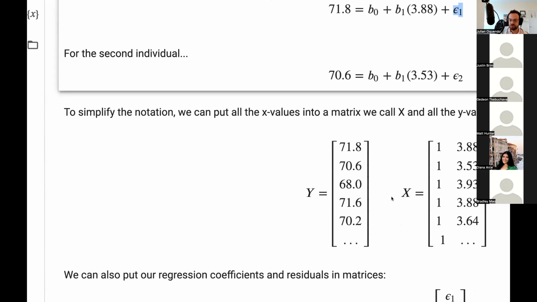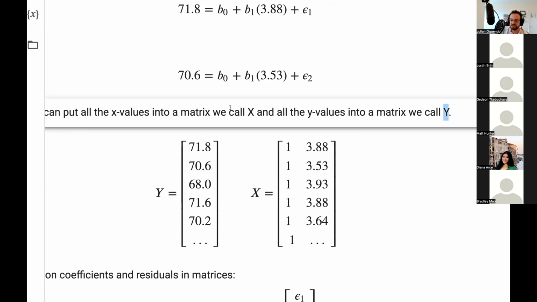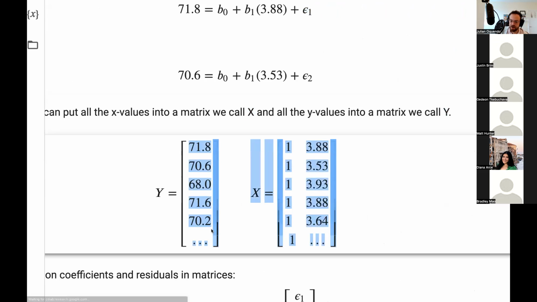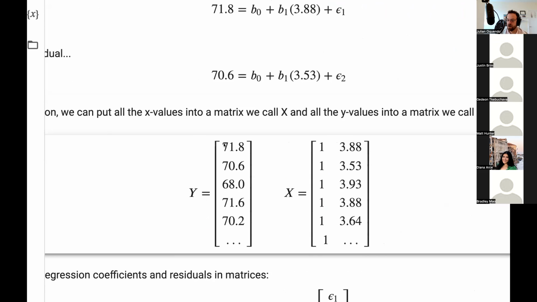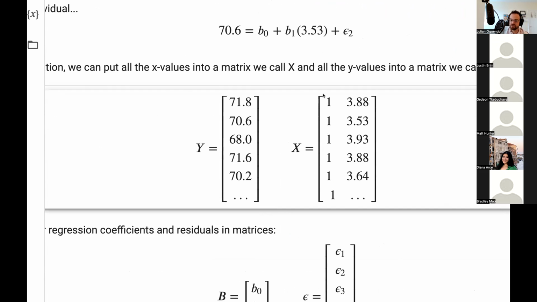To think of this notation, if we take all of our X values and all of our Y values into a dimensional matrix that we call uppercase X and uppercase Y, note that your Y becomes a matrix with all of the values included, with your X values returned as part of your X matrix.